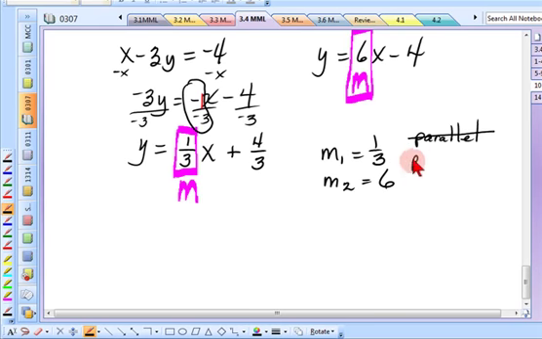All right, perpendicular. Are these two lines perpendicular? Well, are the two slopes opposite reciprocals? No. They're both positive numbers, and they're not reciprocals, so no. When you mark off parallel and perpendicular, what's left? Neither.